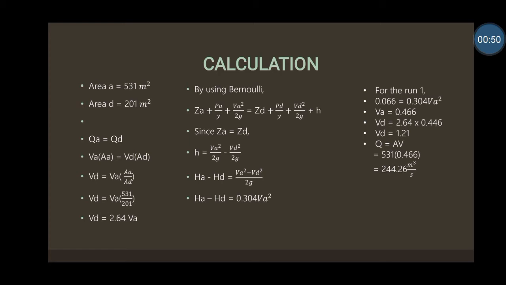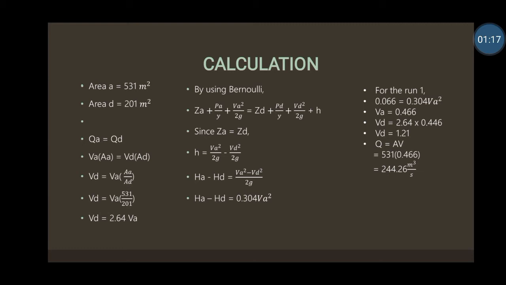By using Bernoulli, ZA plus PA over gamma plus VA square over 2G equals ZD plus PD over gamma plus VD square over 2G plus H. Since ZA equals ZD, H equals VA square over 2G minus VD square over 2G.